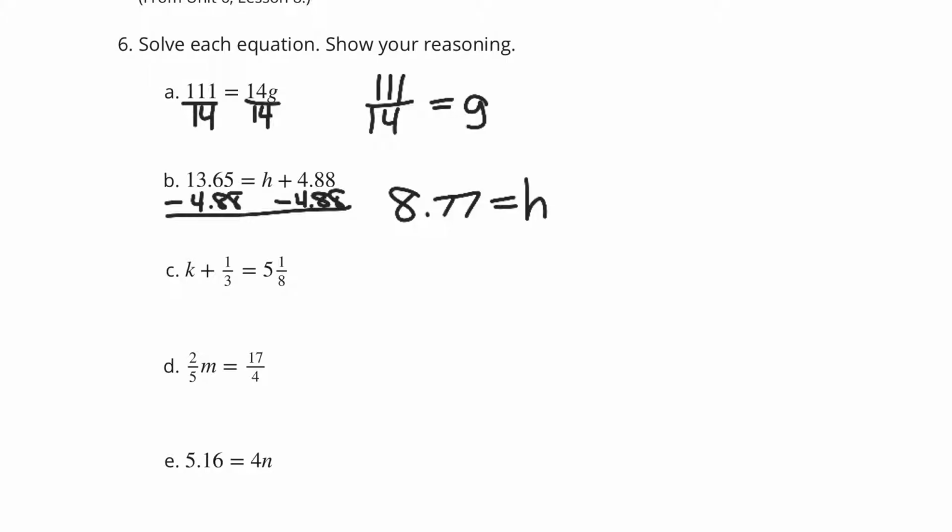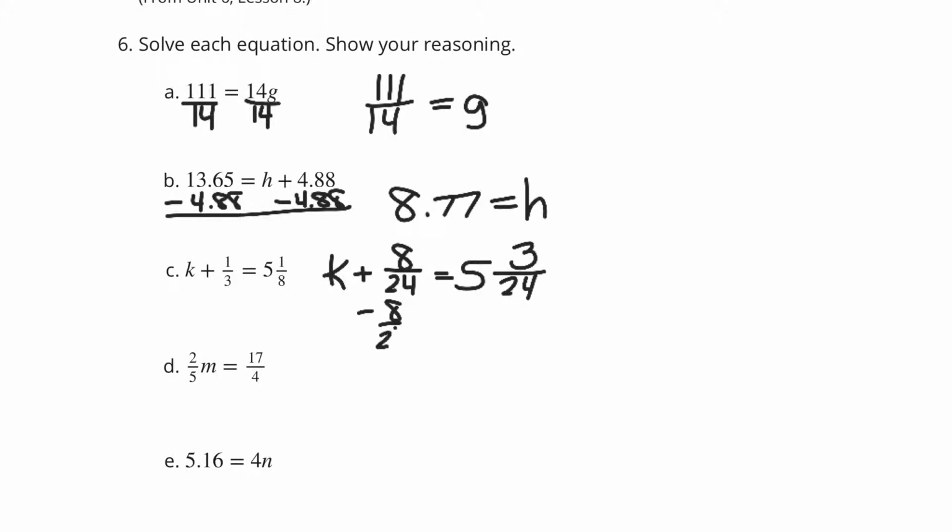Here we need to subtract 1/3 on both sides. Now our common denominator is going to be 24ths. So if I just start this problem by saying this is k plus so many 24ths equals 5 and so many 24ths, 1 times 8 is 8, and then 8 times 3 is 24, 5 times 3, so we get these set up with equivalent fractions.